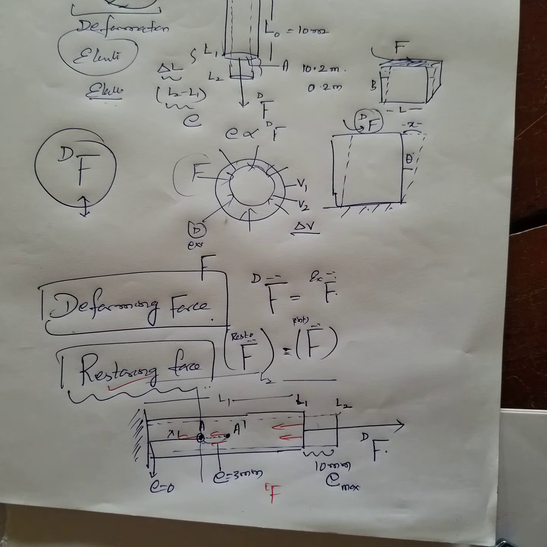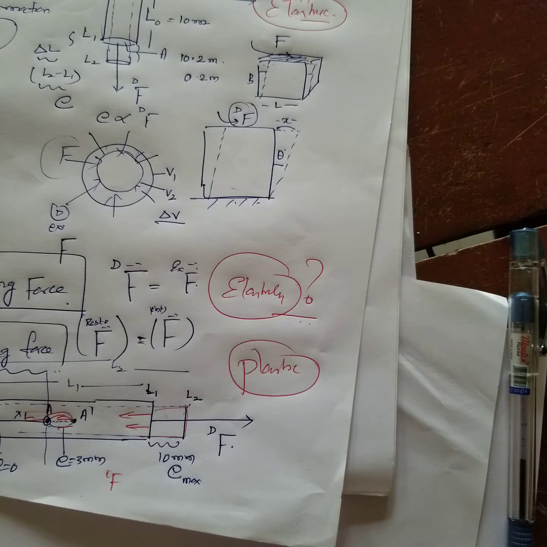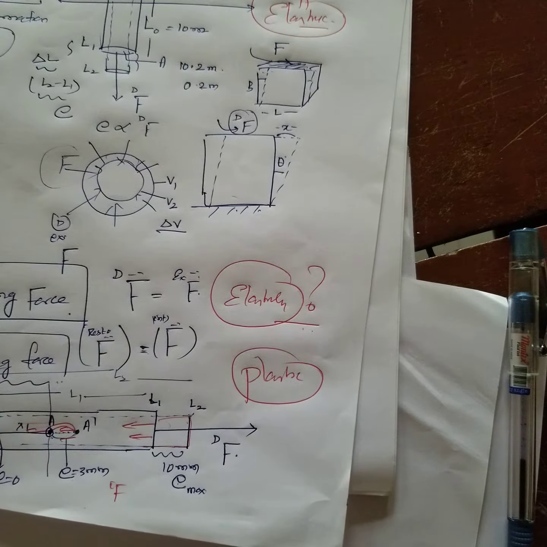Suppose you pull the body, and it remains like this. It does not change its shape. That is called perfectly plastic. After removal of the deforming force, it does not regain its original position. It's called perfectly plastic. Is it clear? Then the question they may ask you is to define perfectly elastic and perfectly plastic. For that you have to answer.